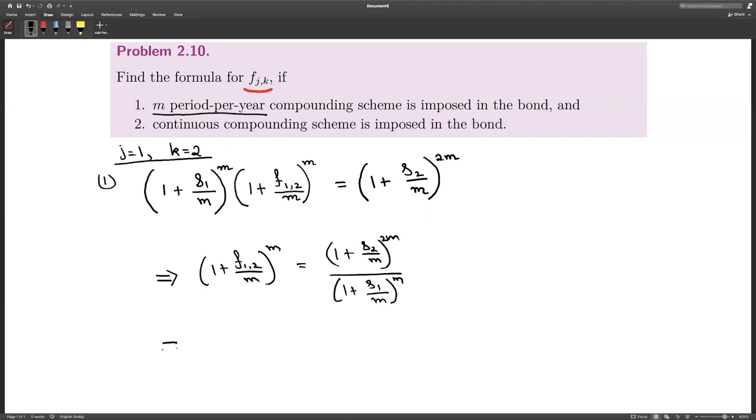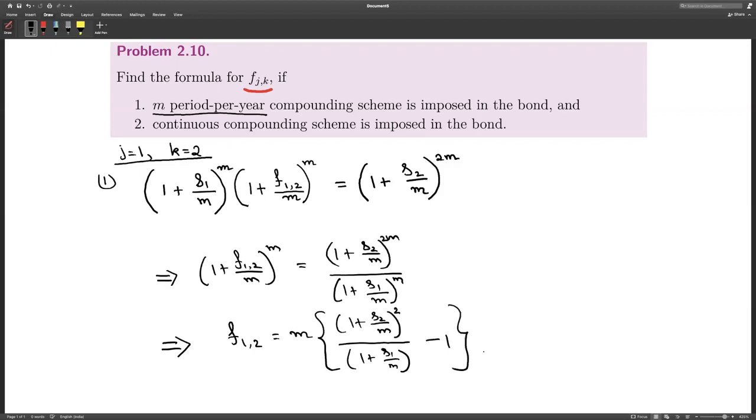So this can be simplified further to get the formula for F12 as m times, in brackets, 1 plus S2 by m. See, we are taking an mth root, therefore the m goes off, you have only the square, divided by 1 plus S1 by m, and then a minus 1 here.